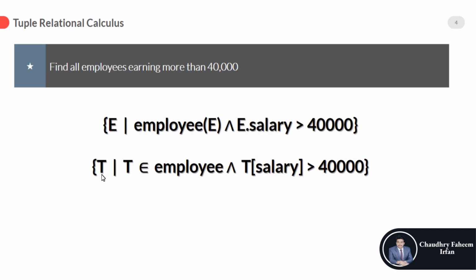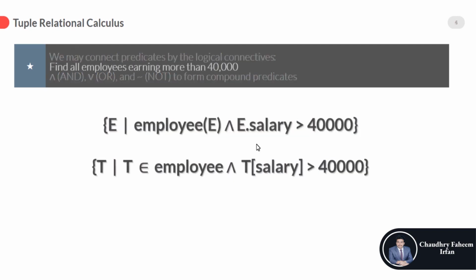Or we can write like this in curly braces: t such that t belongs to employee table, and t[salary] greater than 40,000, where salary is the column name in the brackets. So we can read this statement like t.salary greater than 40,000.